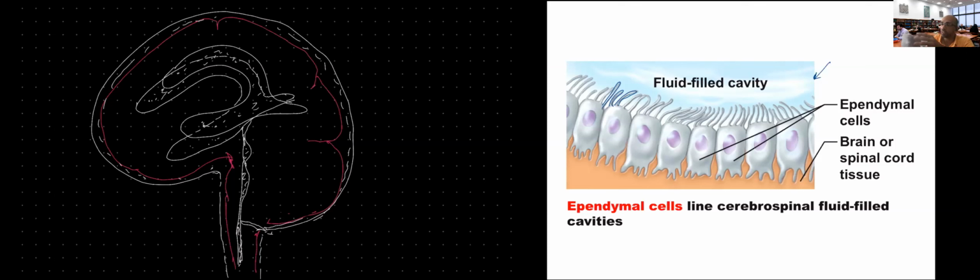But inside those spaces, we've got the ependymal cells with their long cilia, and those cilia will allow you to pump and push the CSF to circulate within the ventricles and around the brain. So the ependymal cells on here would be lining the cerebral spinal fluid filled cavities to allow its circulation, as we don't have something to pump this fluid for it to keep moving.